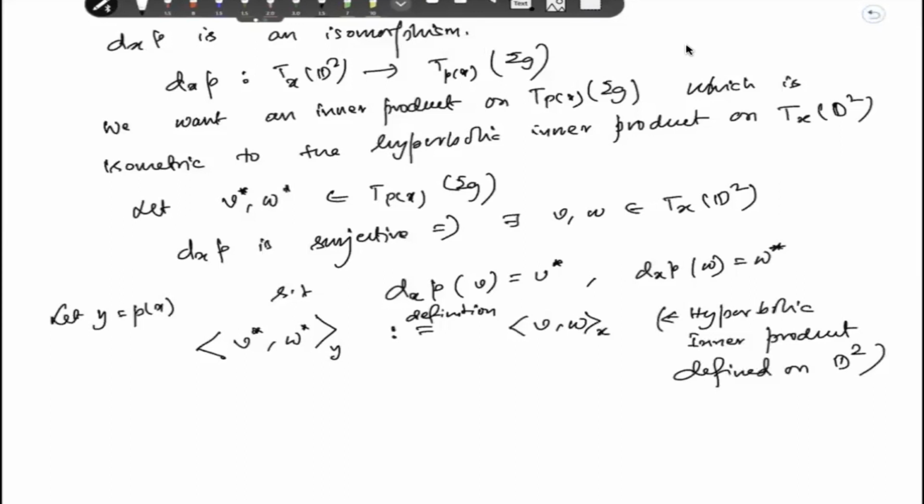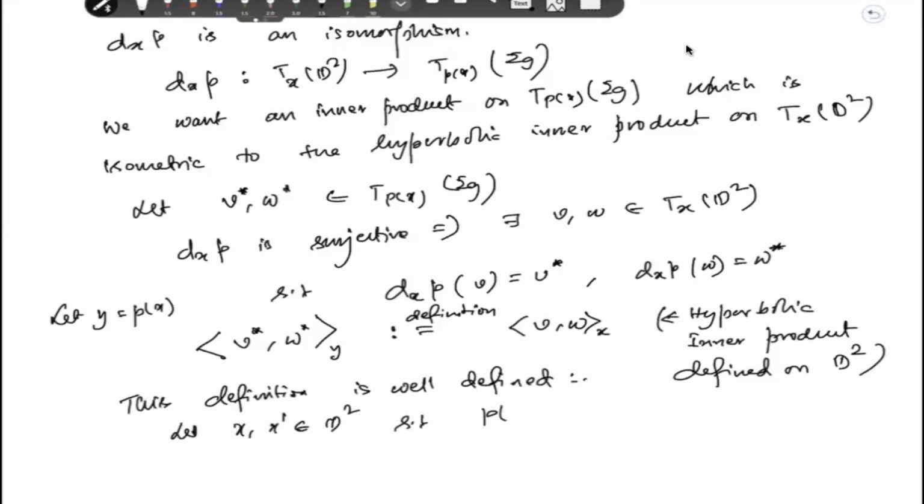Yeah. So now again, why is this definition well defined? By that, what I mean is, you can get two points x and x prime such that p(x) equals y and p(x prime) equals y. So let x prime belong to this unit disk such that p(x) equals y equals p(x prime).